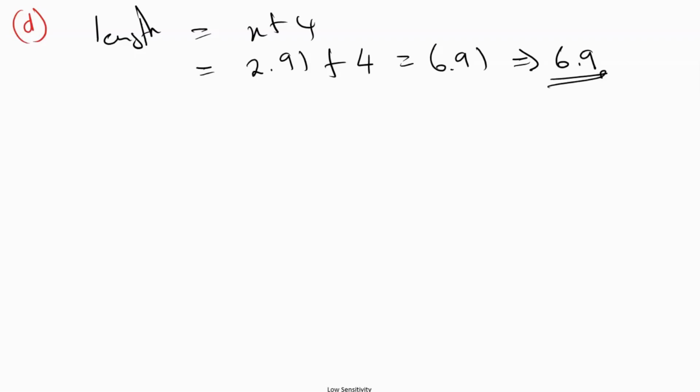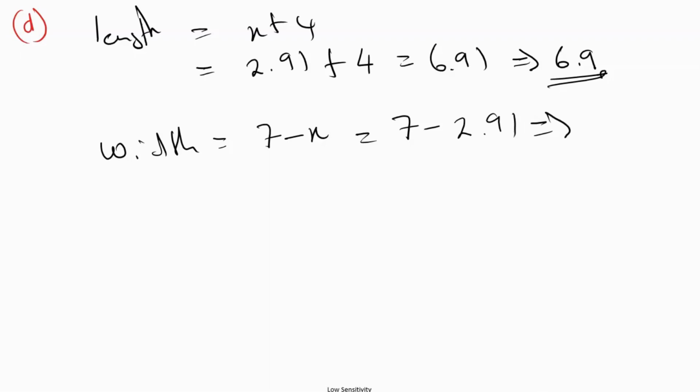So that's our solution. When it comes to the width, we know that the width is 7 minus x, which is equal to 7 minus 2.91, which is going to give us 4.1 to the nearest millimeter.